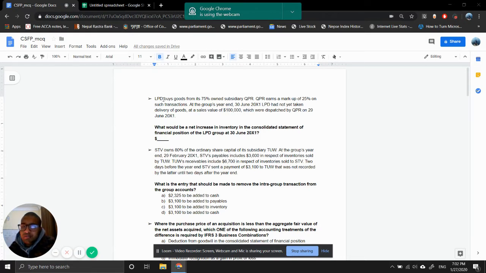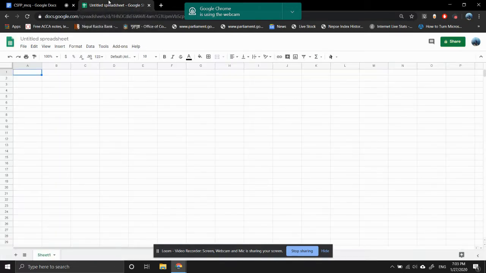So LPD bought from its own subsidiary. That means it's a goods in transit, right? Has not yet taken the delivery of the goods. That means when we are preparing our consolidated financial statement, we assume that the goods have been received.